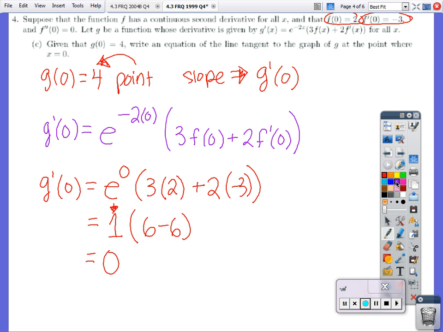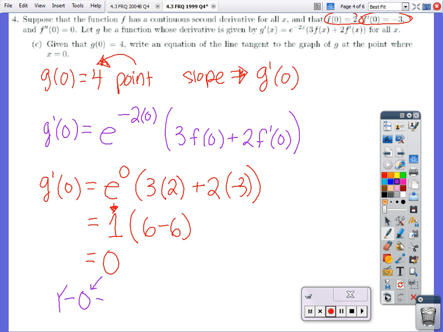The equation then would be y minus y1, which is actually this point down here, 4, is equal to the slope times x minus the x value.